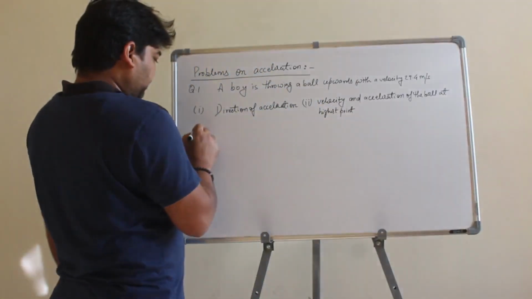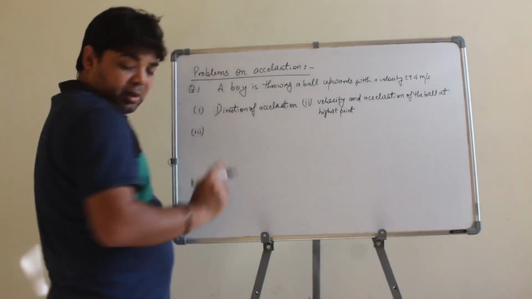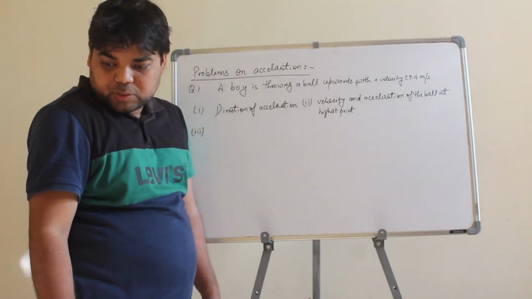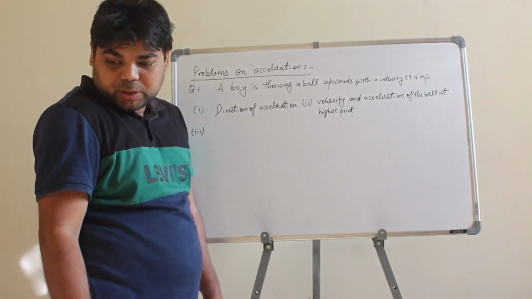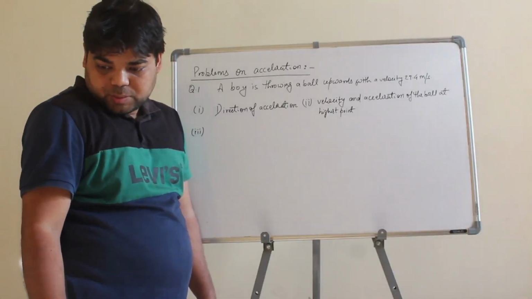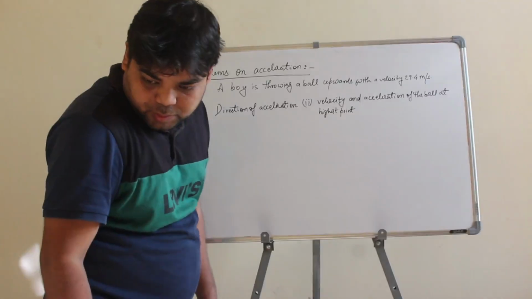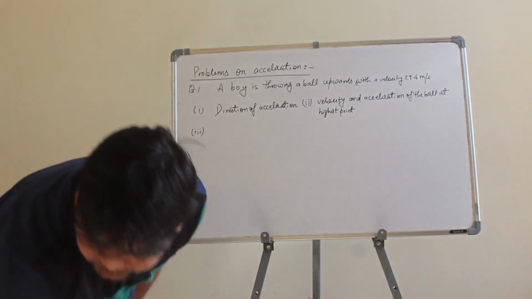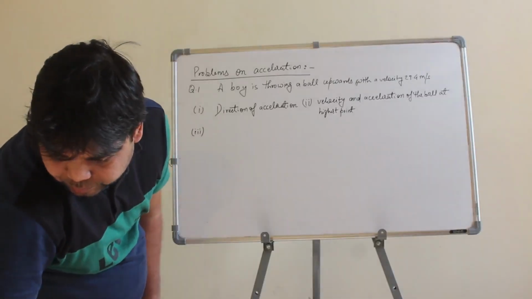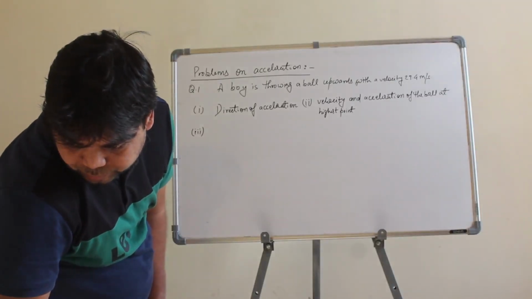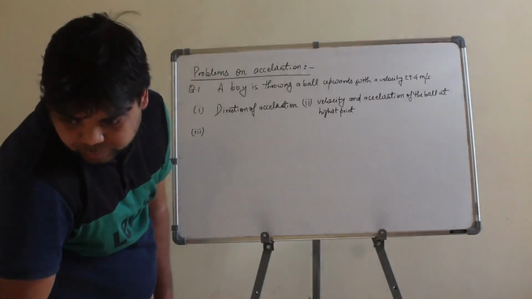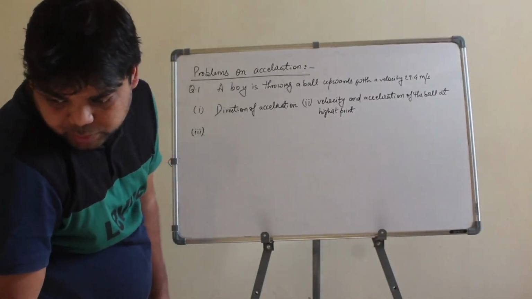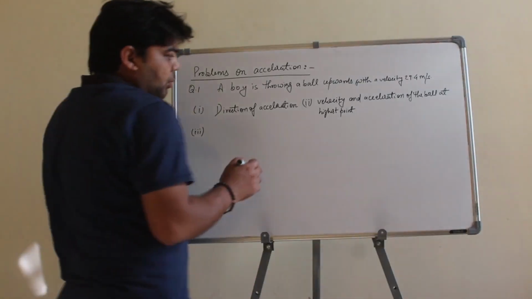Third, it is saying: choose x equals 0 and t equals 0 as the location and time of the ball at its highest point, with the vertically downward direction to be the positive direction.